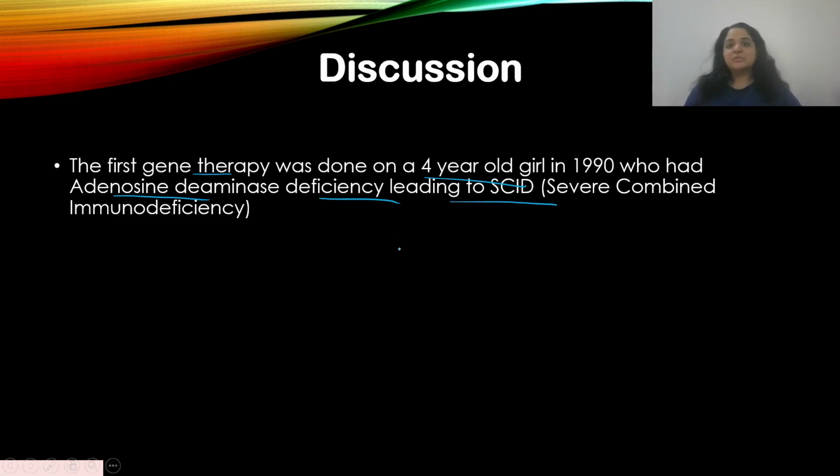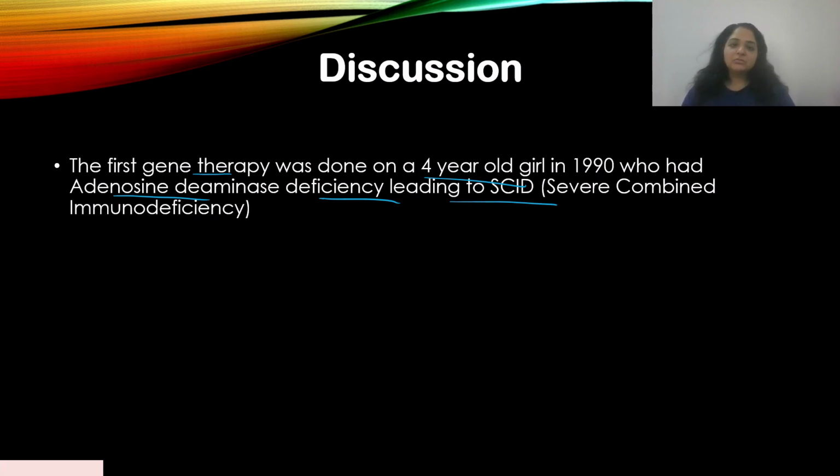So if there was a deficiency of ADA, it would affect the lymphocytes and then eventually the immune system. So they used retroviral vectors, introduced that into the patient, and the retroviral vectors eventually produce the ADA protein, the enzyme.